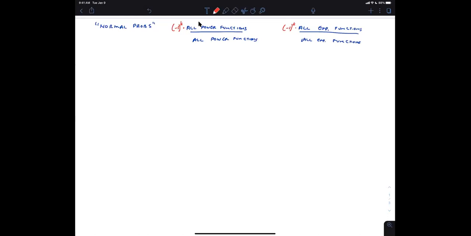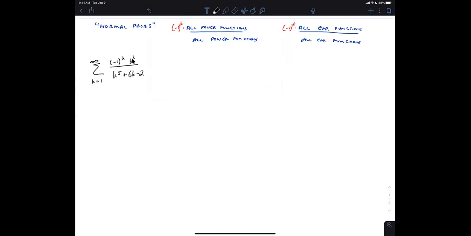And so if you have a problem like this, where I've got the sum k equals, say, 1 to infinity of -1 to the k, k squared over k to the 5th plus 6k minus 2. So if you have something like that, this is where you have -1 to the k times all power functions over all power functions.